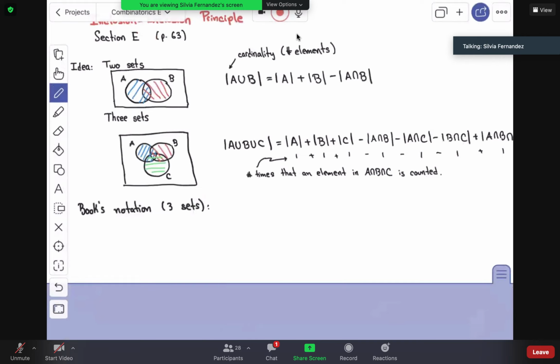S0 is just the total number of elements in the universe. So U is the universe, everything there. We're not really going to use it.